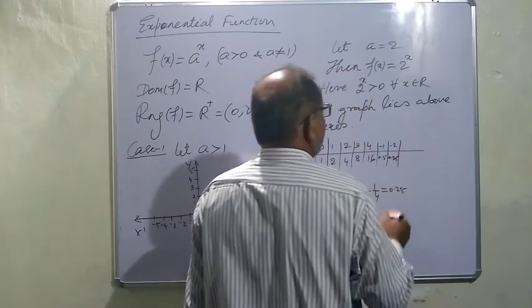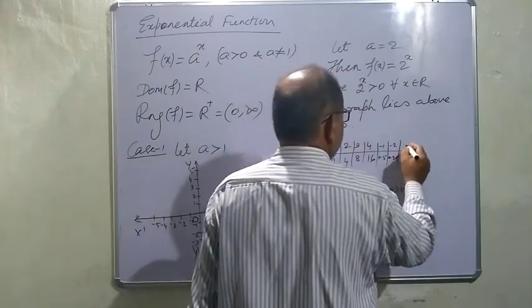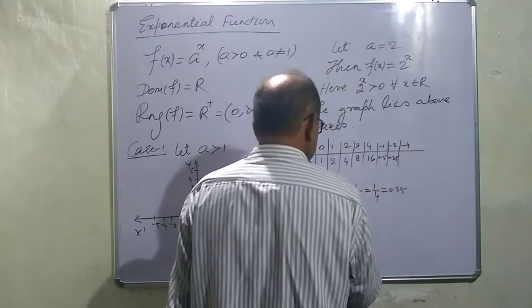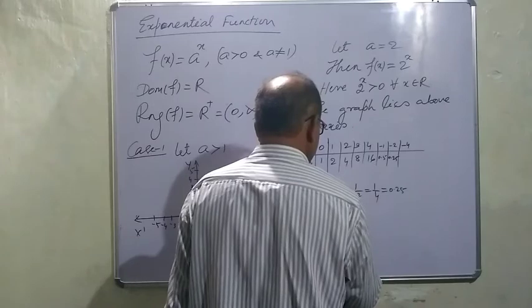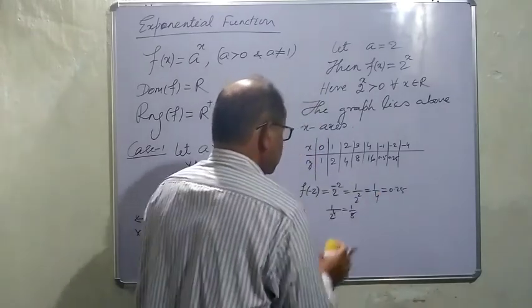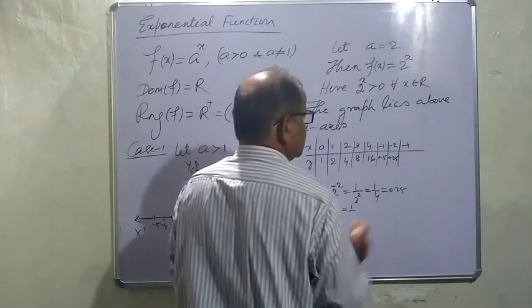If you take minus 4, minus 4 means 1 by 2 to the power 4, that is 1 by 16.